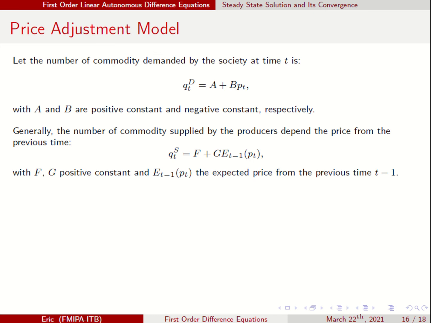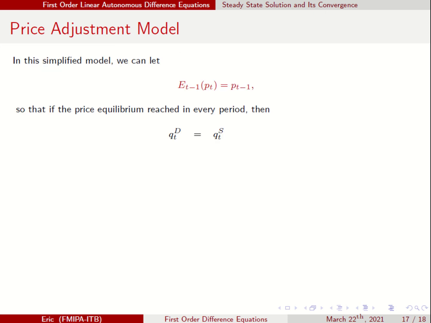Okay, so in the simplified model, E_{t-1} p_t is p_{t-1}. If you want to talk about the price equilibrium, the quantity supplied at time t should equal the quantity demanded at time t. So you have this, and you have this. This is a first order difference equation.